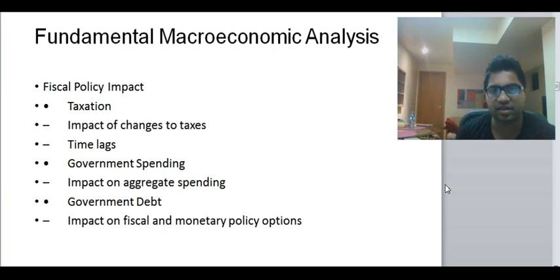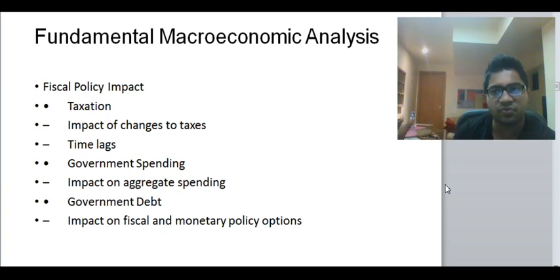So, fiscal policy impact. Economic analysis, the first part is fiscal policy. Fiscal policy has three parts: government spending, taxation, and government debt. First, government spending. Government generally spends on services, infrastructure, and transfer payments.